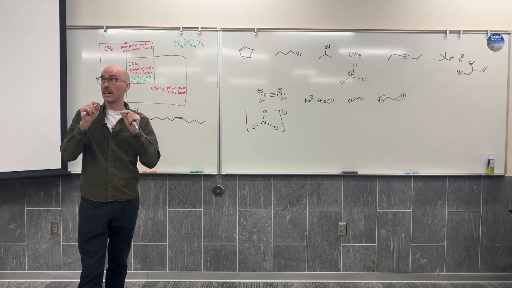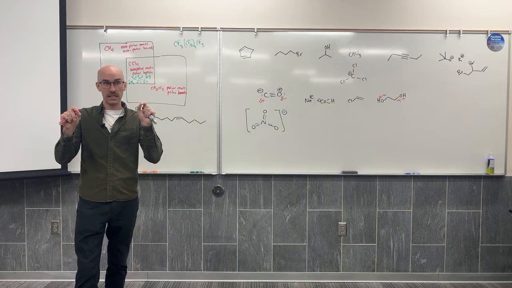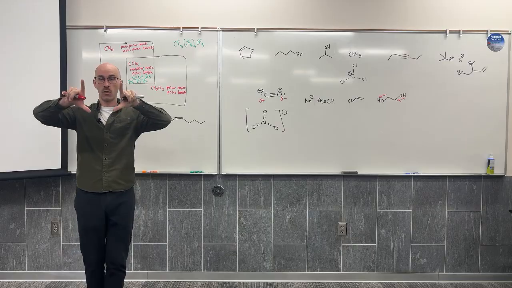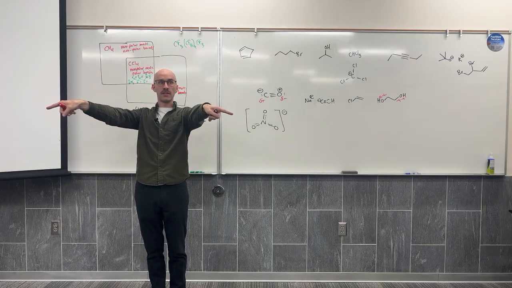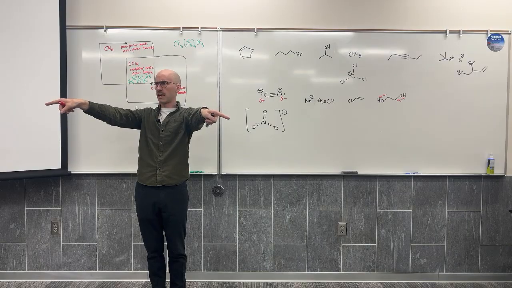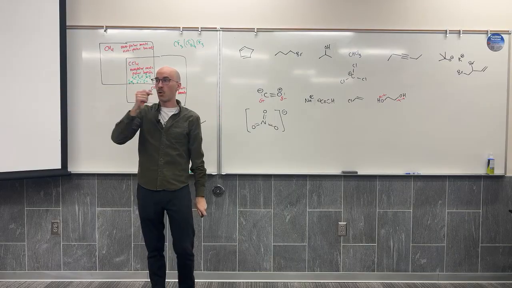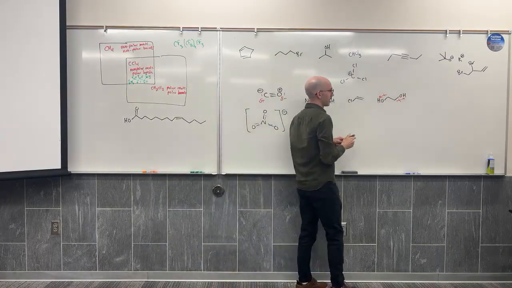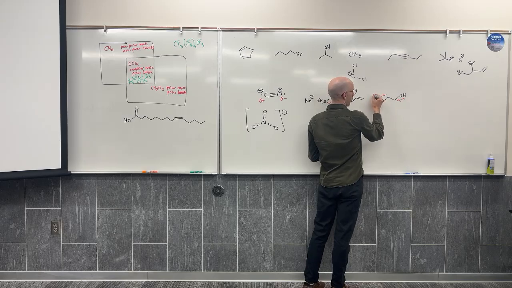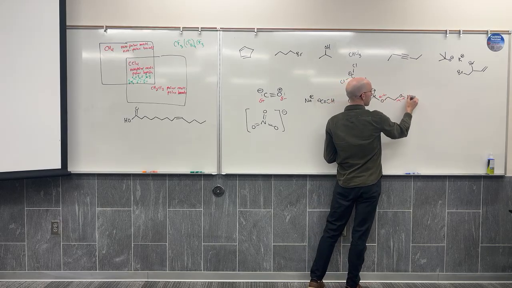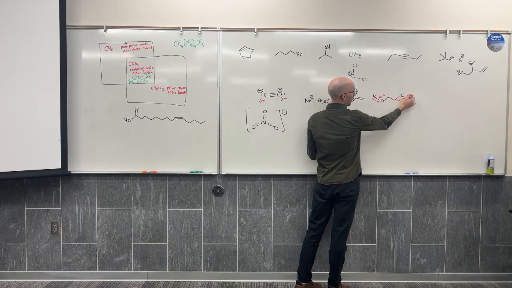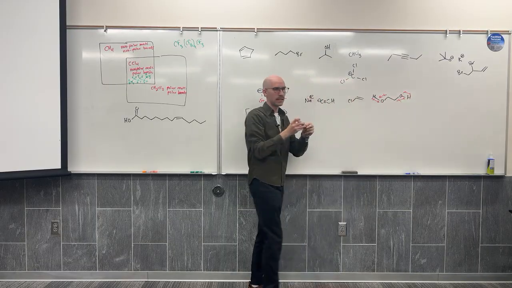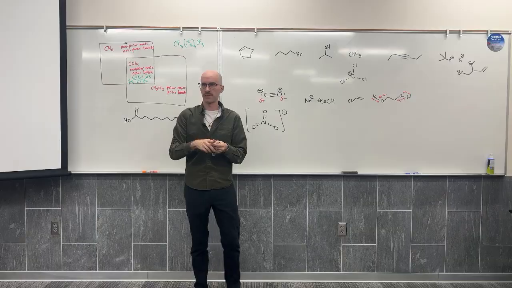If those CO bonds could align themselves 180 degrees apart, then I think we could say they might cancel each other out. I think more than that, though, it's not just the CO bonds that are polar, but it's also the OH bonds. So we've got to consider how the sum of the OH and CH comes together.